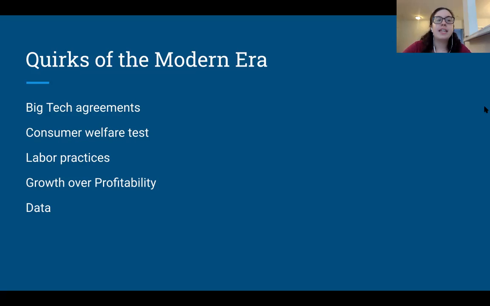And then the third thing is labor practices. One of the things that happens with monopolistic power is that it also works the other way. Amazon also has a monopoly as the buyer of labor. That means that all labor must sell to them, if you will.